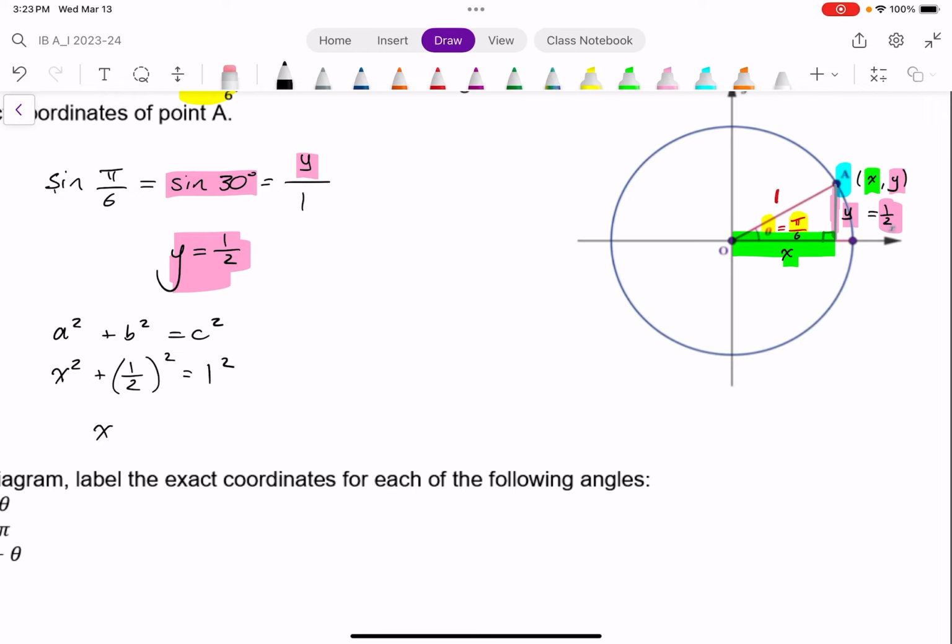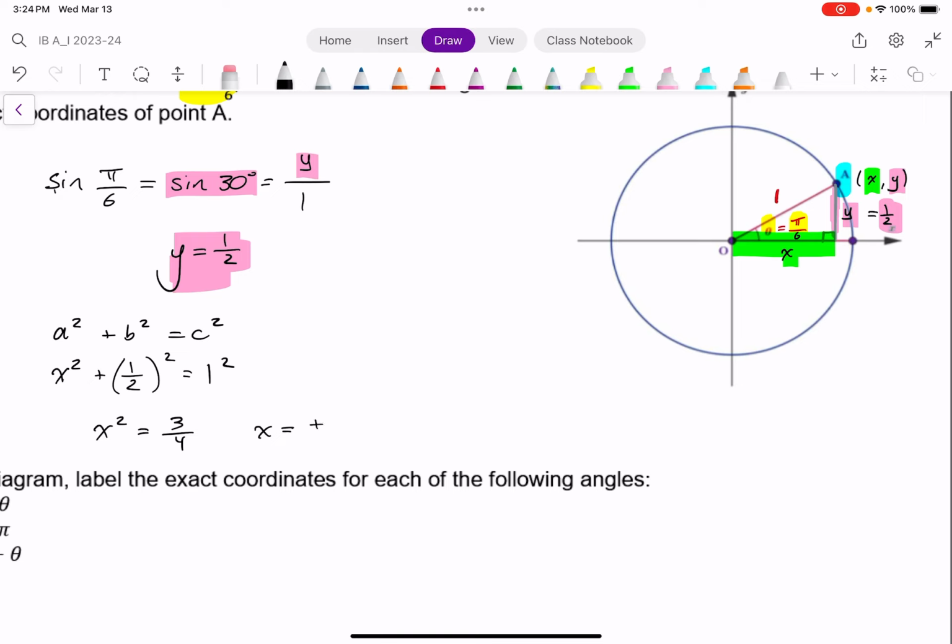Pretty quickly, we get x squared equals 1 minus a quarter, right? A half times a half is a quarter, which is 3/4, which means x must equal the square root of 3/4. Now, I can tell here that x is a positive number. Just looking at the diagram, x is a positive coordinate.